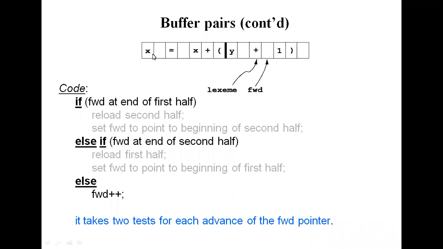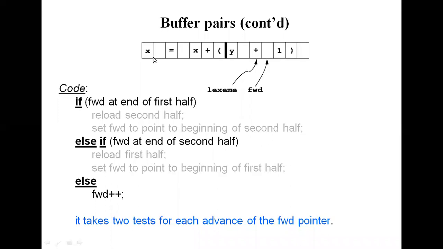I am explaining here with both pointers. The begin pointer stays at the character X, and the forward pointer reads X and moves forward. And here there is a blank space.